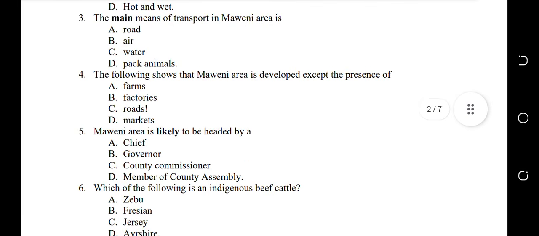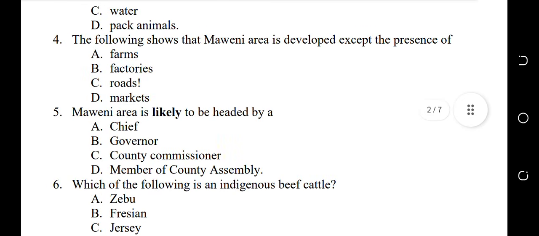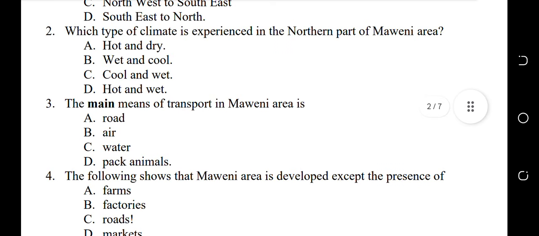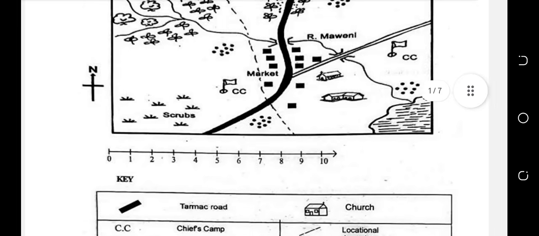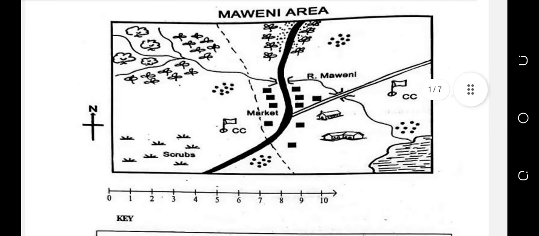Question 4: The following shows that Maweni area is developed except the presence of what? Now, this area is developed. It has the market and the road. That is how we look for development.